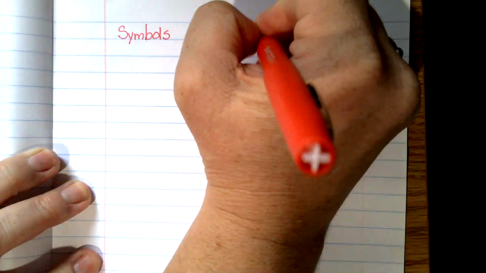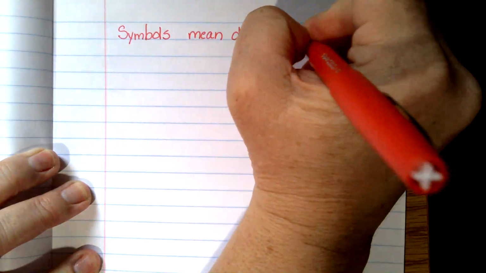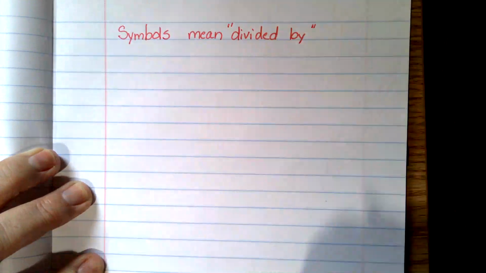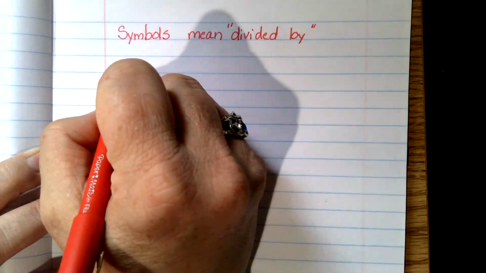So the next thing you need to know, and I'm going to give you some pre-teaching information, is there are certain symbols that mean divided by. So you're going to see different symbols that mean divided by. Okay, so you're going to see something that looks like this.